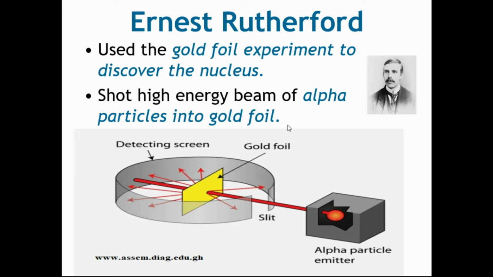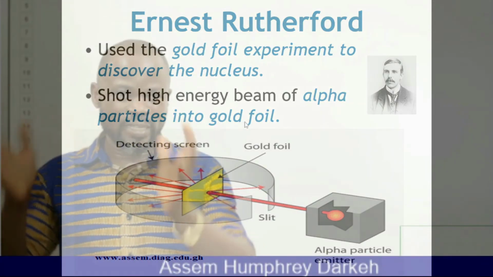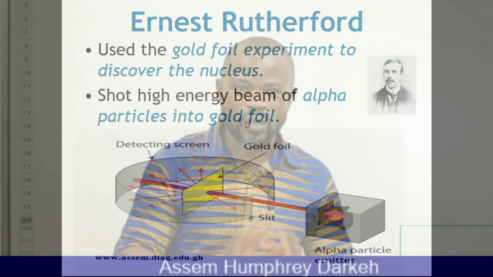So Ernest Rutherford actually fired those positive alpha particles through the gold foil and wanted to find out what would come out of it. Now on your screen, you can see that the alpha particle actually went through the gold foil, and there were about three discoveries, because some of the particles went through, others got deflected at greater angles, and others got deflected at smaller angles.